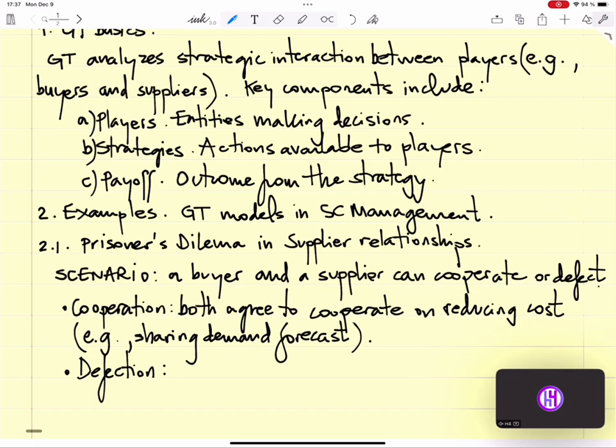Because they share information, they can increase quality and decrease cost. In defection, one party benefits from the loss of the other.